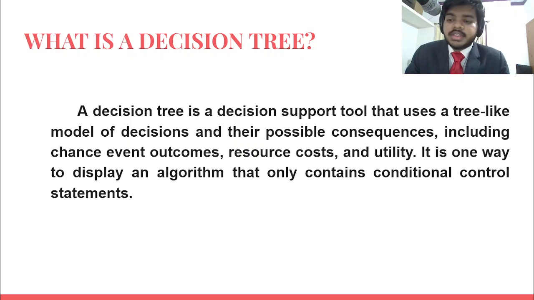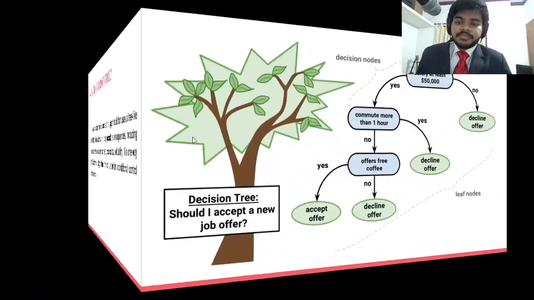Possible consequences include change in event outcomes, resource costs, and utility. It is one way to display an algorithm that only consists of conditional control statements, like yes or no's, like your if statements.